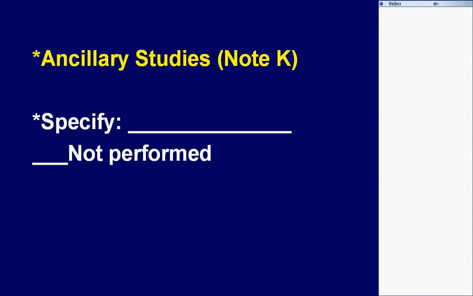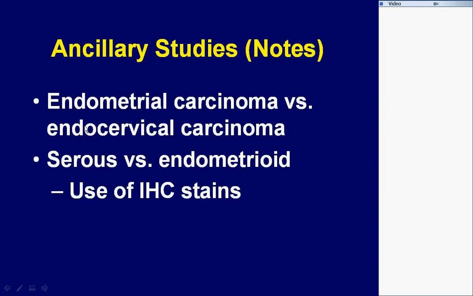Ancillary studies, I think by this they mean that if you have done any special stains, you mention them. This is optional, I should say. So for example, if you are deciding whether a tumor is of endometrial or endocervical origin, serous carcinoma or endometrial carcinoma, that would be filled out in the section on ancillary studies. You mention the stains that you have used and obviously their interpretation.